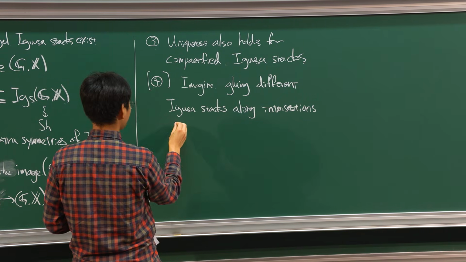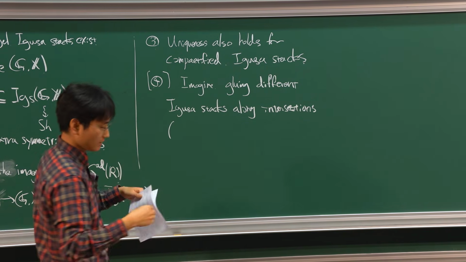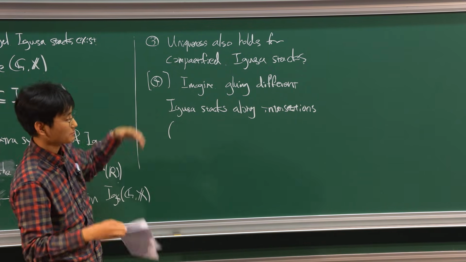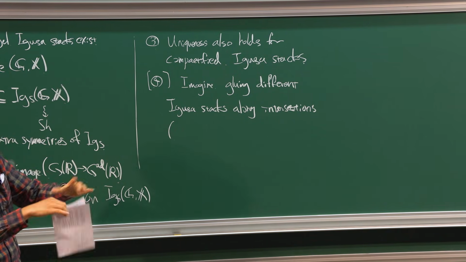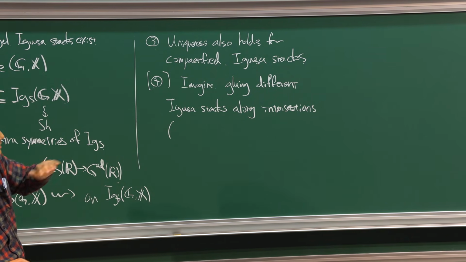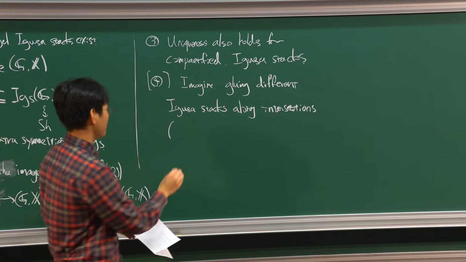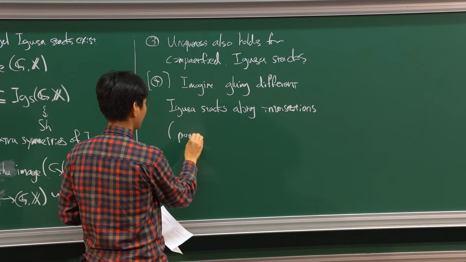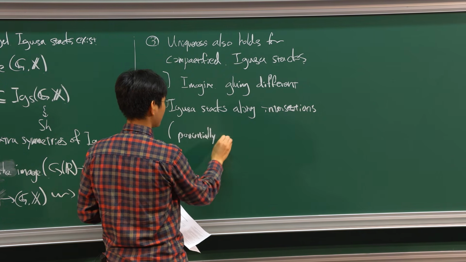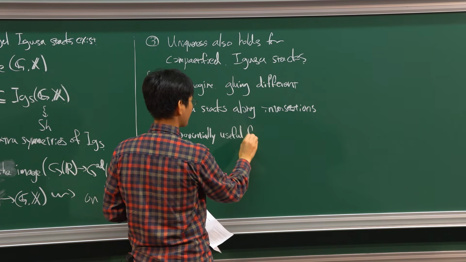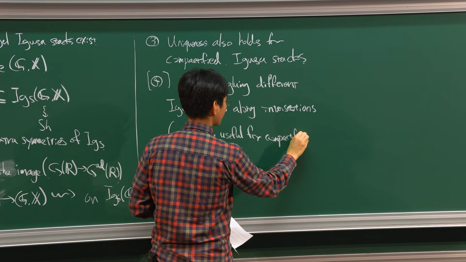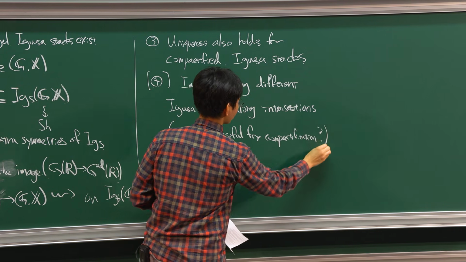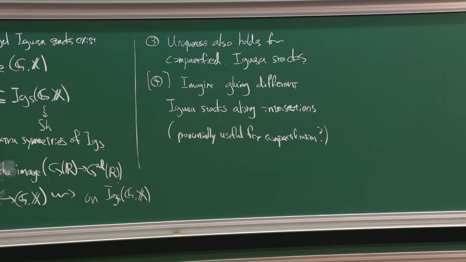So the thing I'm imagining is maybe you can try to construct compactified Igusa stacks by first knowing that they exist on the entire Shimura variety, and then analyzing their tubular neighborhoods of the boundary, and then showing that these extend. So potentially useful for compactification. And then maybe I'll just write a question mark, because it's not really concrete at this point.